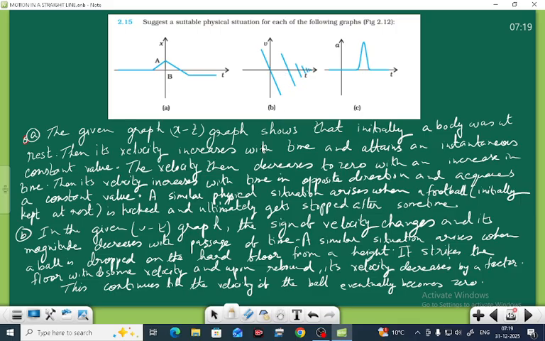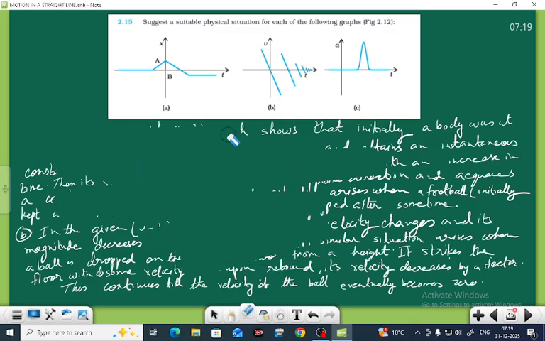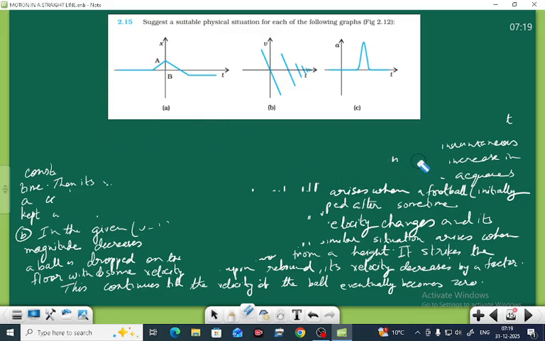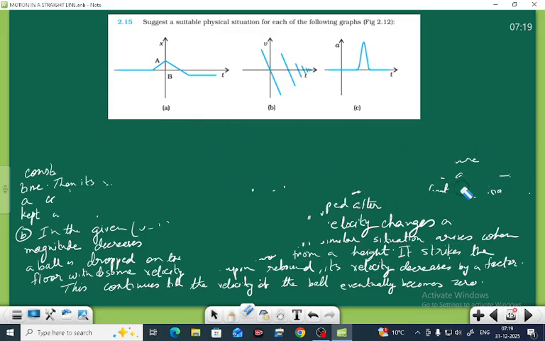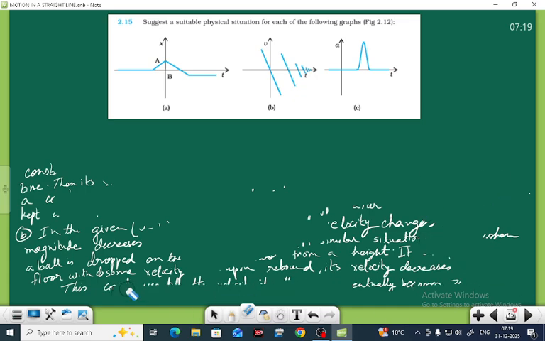And in section C, let us find what the graph shows us.